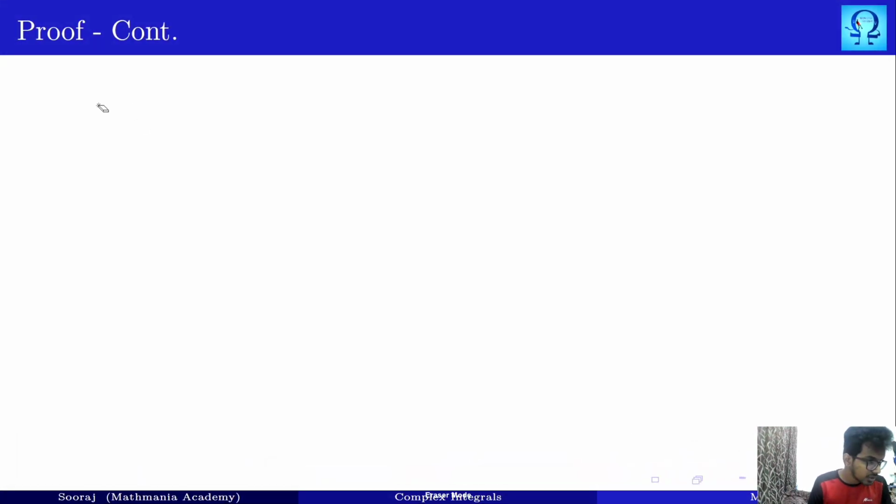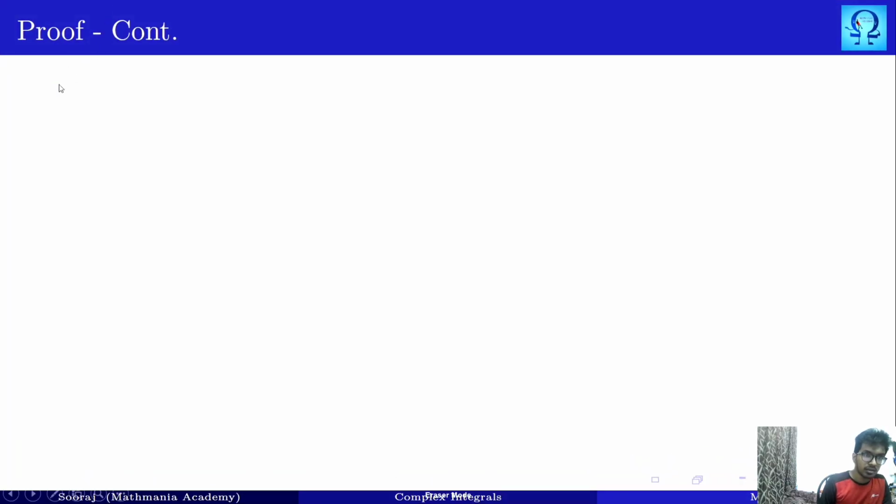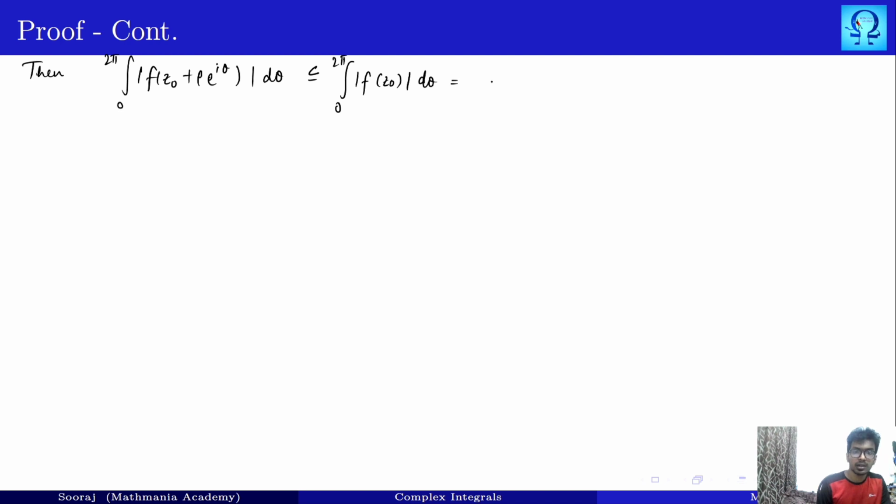So with which what we can say, if these two functions satisfy this inequality, then integral 0 to 2 pi absolute value of f of z naught plus rho e power iota theta d theta is smaller than or equal to integral 0 to 2 pi absolute value of f of z naught d theta, and this gives me simply 2 pi times absolute value of f of z naught.